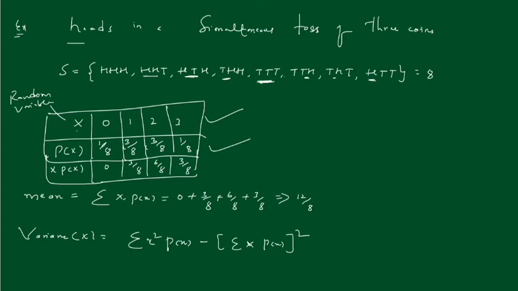So what we'll get? That is the x square value. So I can remove this here. We'll write this side. That is the mean value. Mean is 12 by 8. Variance is what we have to find, right? So I'll remove this to write a table here.